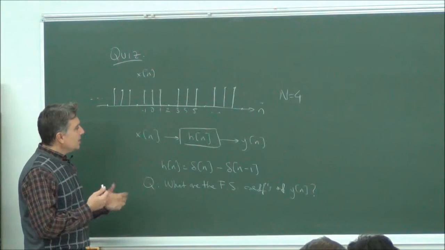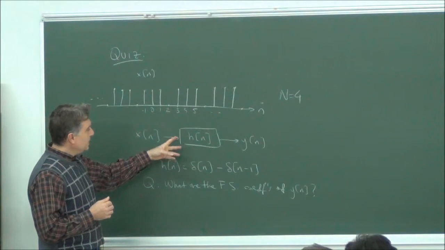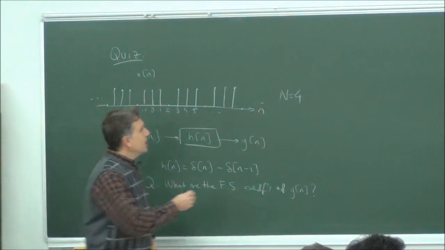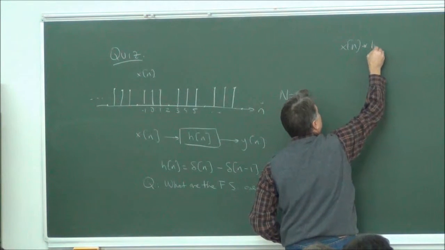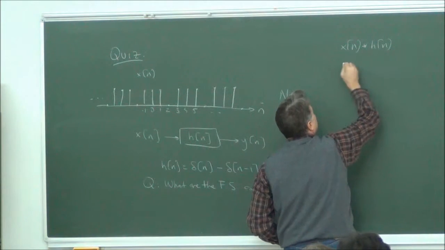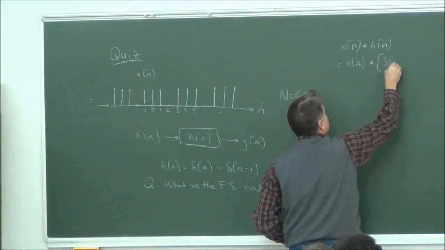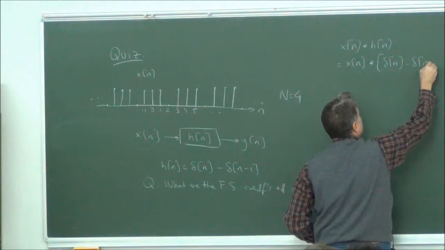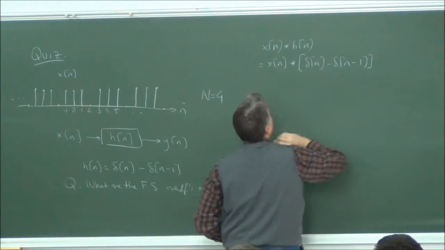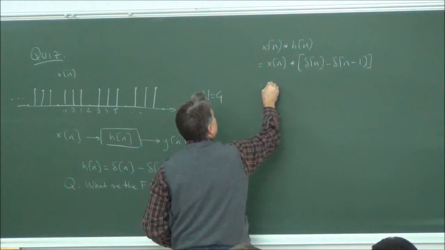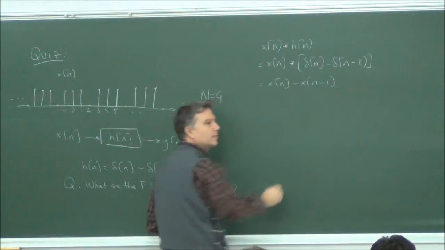And such a system, when you convolve x of n with h of n, is x of n convolved with delta n minus delta n minus 1, which is equal to nothing but x of n minus x of n minus 1.